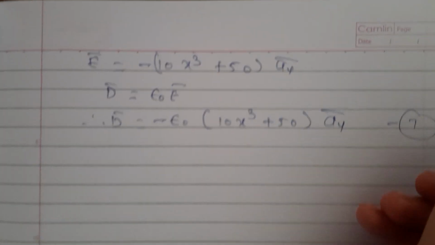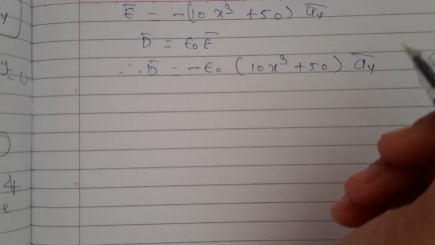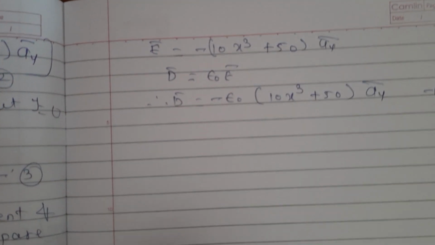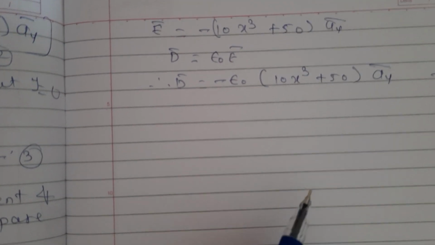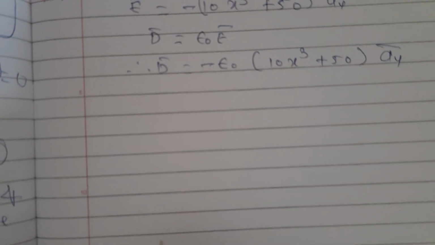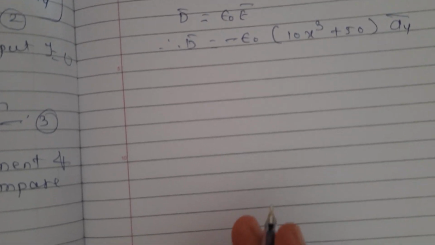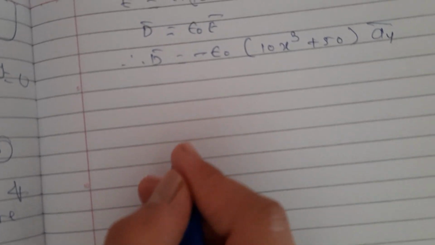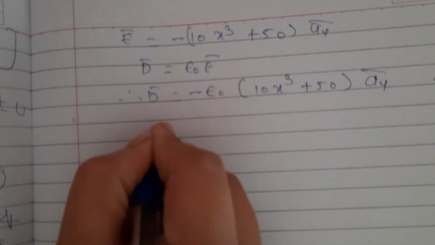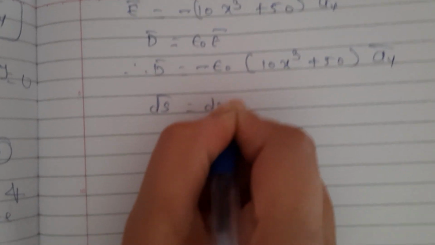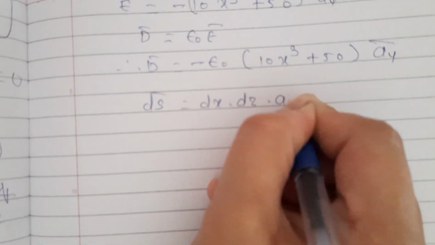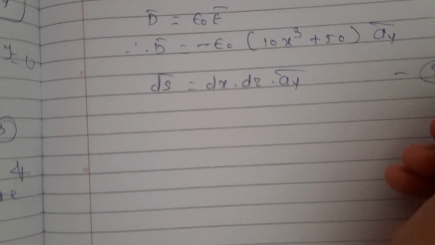This is equation 7. Now how to calculate dS bar? This is in Cartesian coordinate system, and the coordinates are dx, dy and dz. We are taking the dot product of D bar and dS bar. So dS bar is equal to dx dz ay bar. It is equation 8.